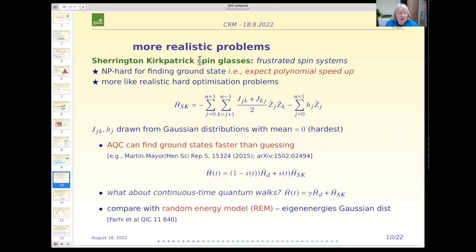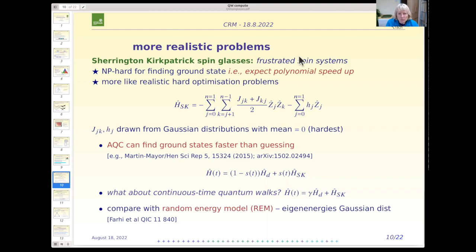So theoretical condensed matter physicists have studied this model in a lot of detail. A lot is known about the phase transitions and phase diagram for this kind of system. Essentially, it's a frustrated spin system, and I will explain frustration in a slide or two's time.